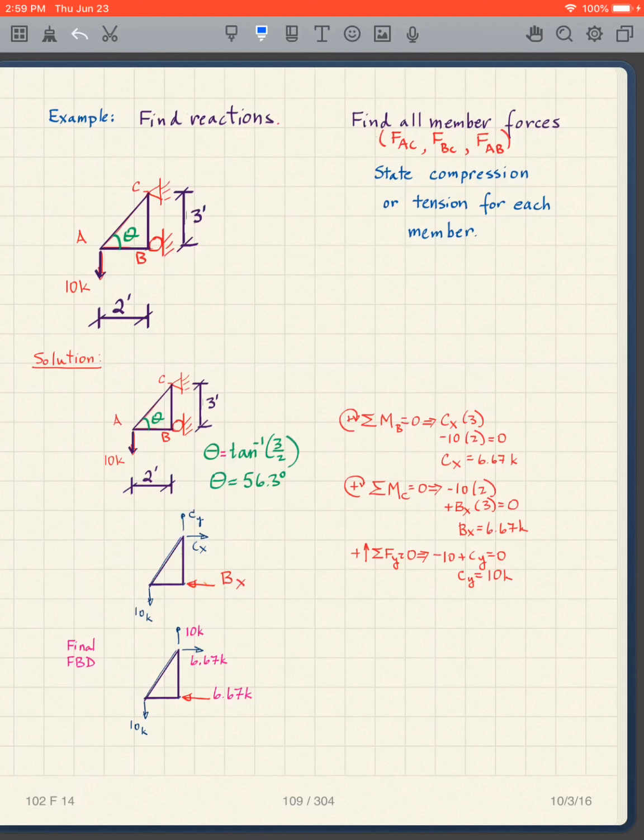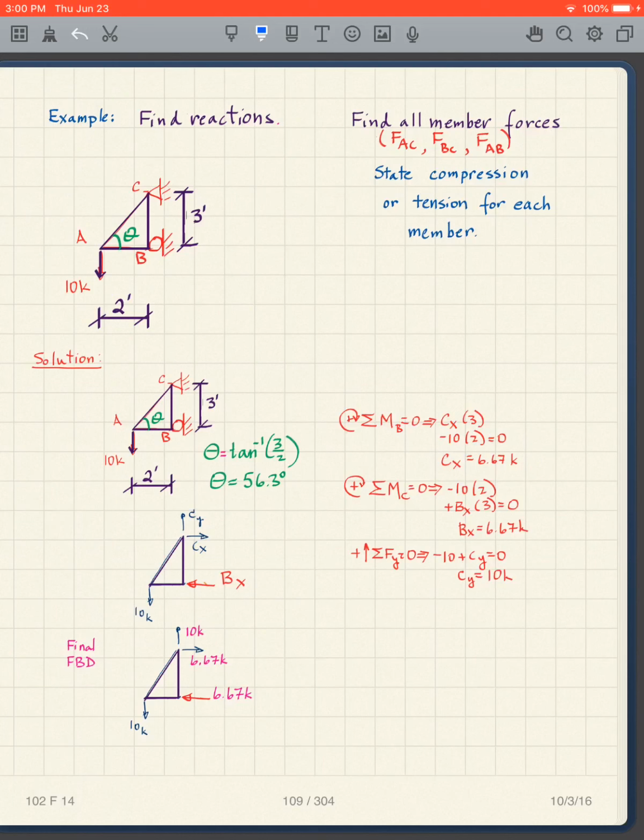And then I have this 10 times 2. So CX times 3, 10 times 2, and what are the signs? CX is clockwise around B, so that's positive, and this 10 is counterclockwise around B, so it's negative. So it gives me CX times 3 minus 10 times 2. We get CX is equal to 6.67.